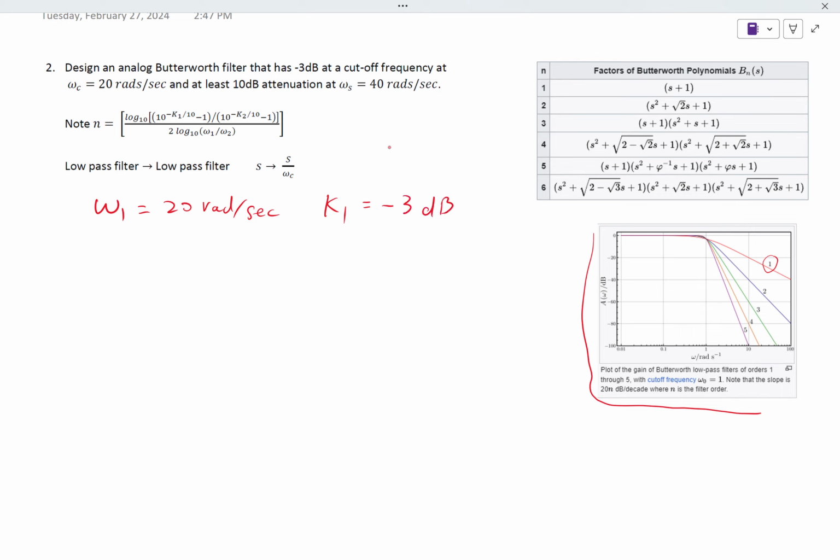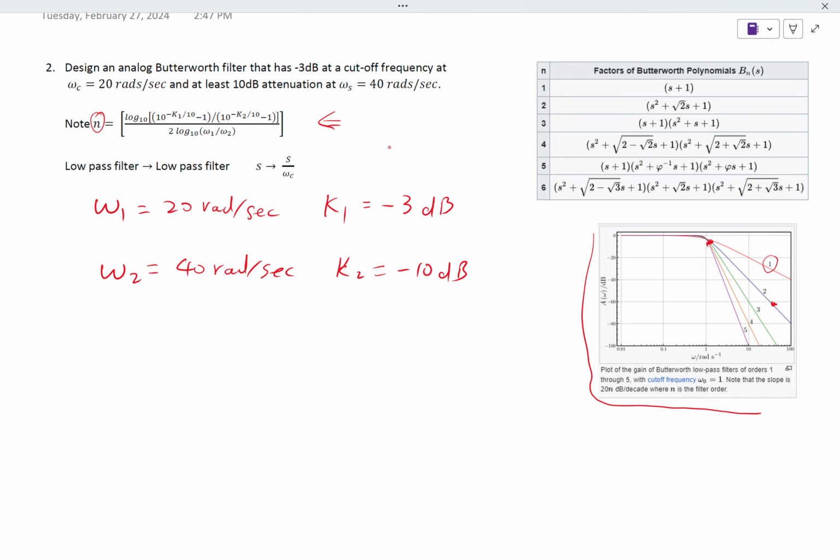Okay, so we got this one first, and then we know at omega 2, which is 40, we got another attenuation rate, which is negative 10 dB. So we know 1 point, we know another point, so we can plug into this equation to find out the order.